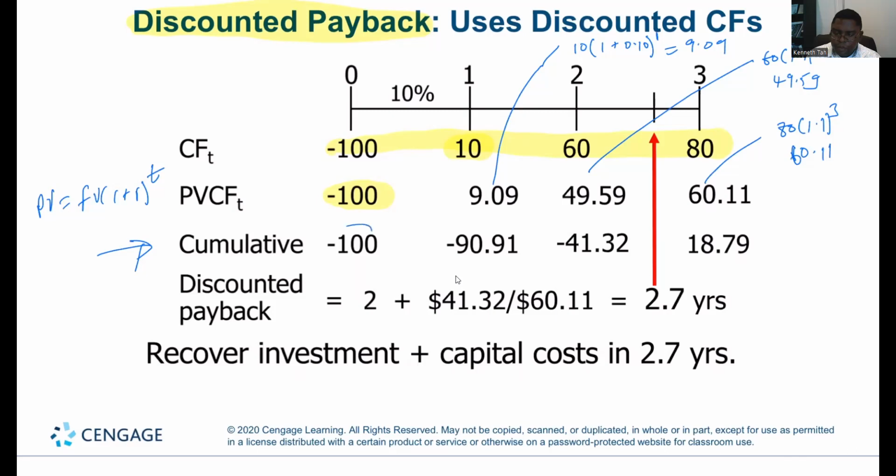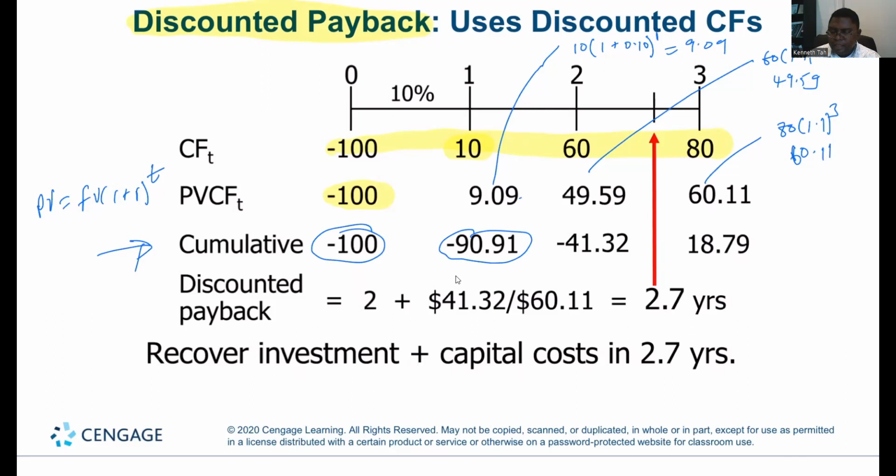So we have this negative 100 that came in year 0. We are adding them up. Now we have plus 9.09. So we are at negative 90.91. We are taking the cumulative. By the time we get to 0, or we just go past 0, it means we have recovered our initial investment.